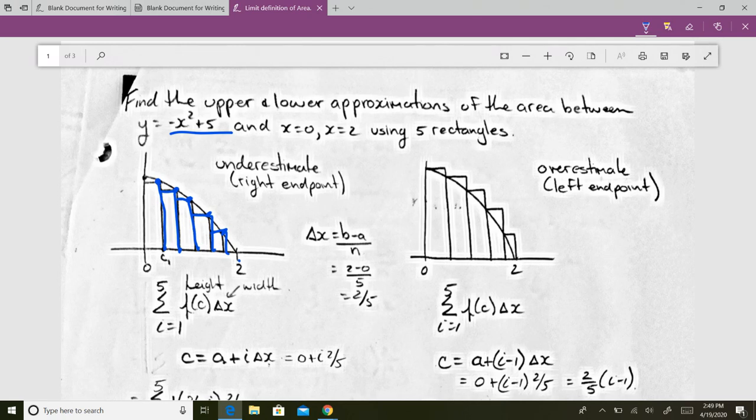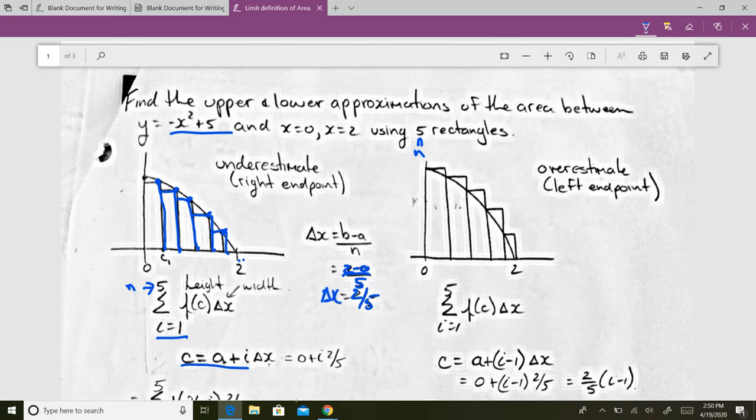Our summation is 5 rectangles, so that's n. So we're going the summation from 1 to 5, that's n. The height, f of c, times the width, delta x. Well, delta x is b minus a, 2 minus 0, divided by the number of rectangles. So 2/5. That's delta x right there.